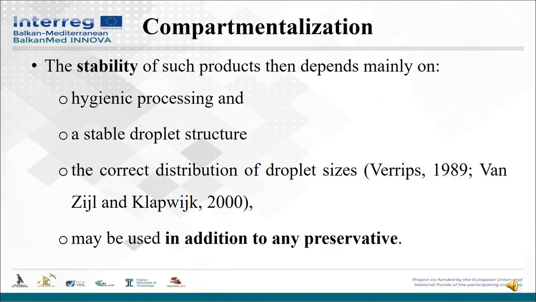The stability of such products then depends mainly on hygienic processing and the stable droplet structures, plus the correct distribution of droplet sizes. That may be used in addition to any preservative.